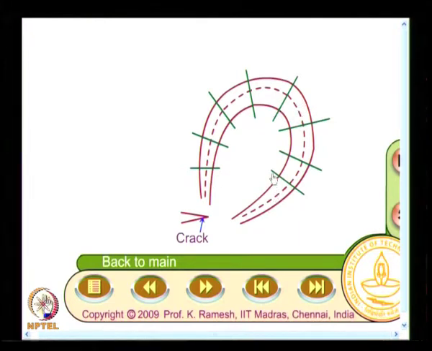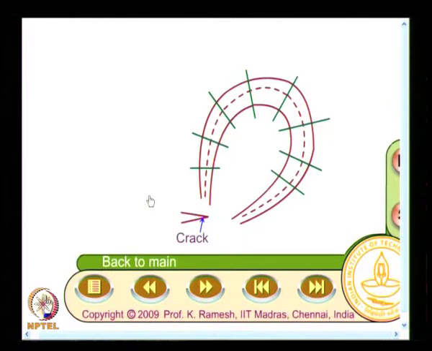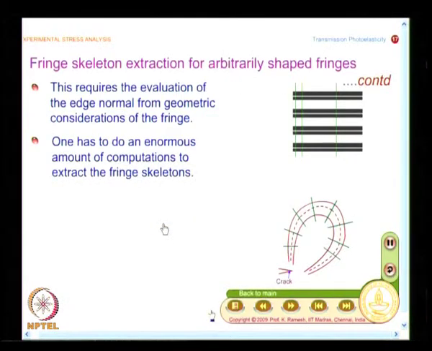So, I must find out the edge normals and then do the scanning, and it becomes mind boggling how to implement this kind of a scheme digitally. Even if you want to implement it digitally, the mathematics involved is high, and it is mostly repetitive processing, which is not advantageous for developing an algorithm. So, you have only identified the difficulty in processing a generic fringe pattern, and what really helped here was the logical operators.